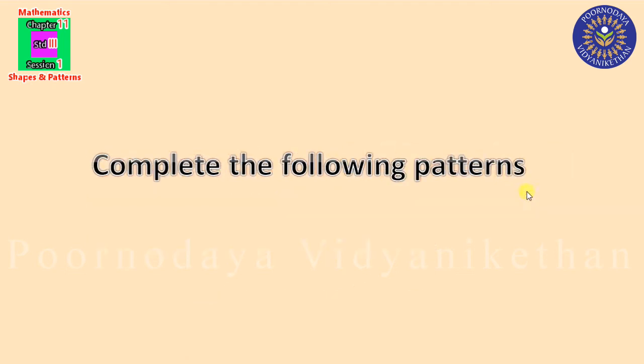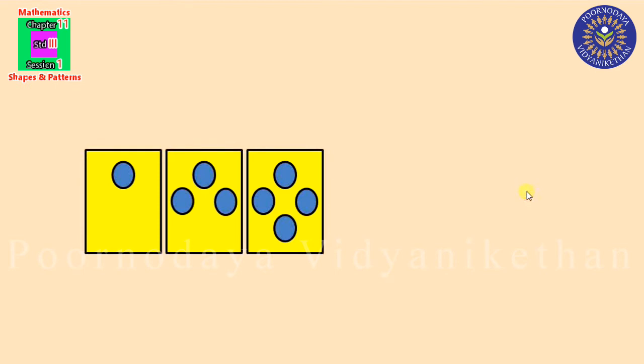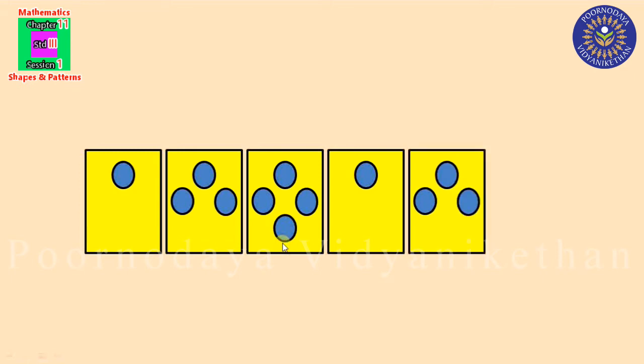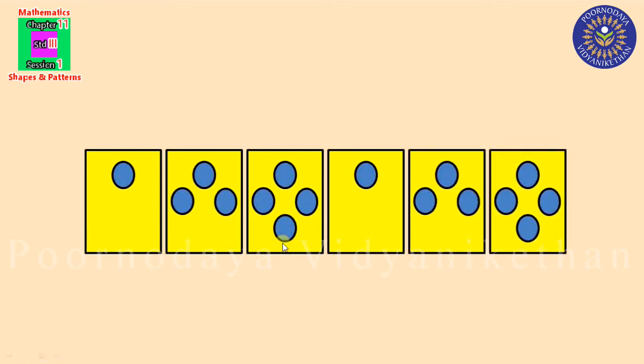Now, listen here. Complete the following patterns. See, we have to complete the pattern. First, a rectangle and a circle. Here, a rectangle and 3 dots. Then here, 4 dots on this rectangle. Then again, 1 dot, then next 3 dots, and then 4 dots. Now it forms a pattern.